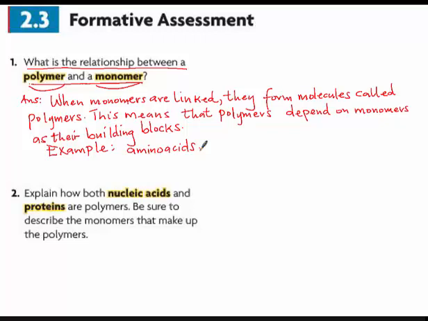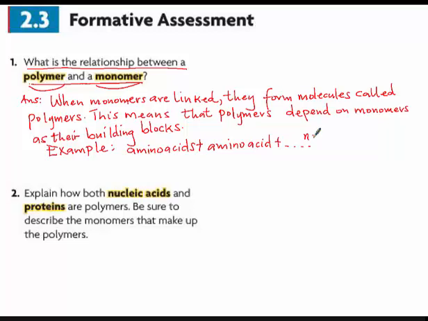So if we have amino acid plus amino acid plus, of course, N, it might continue, so it will depend on the number of amino acids.